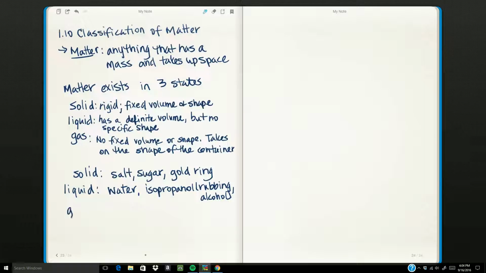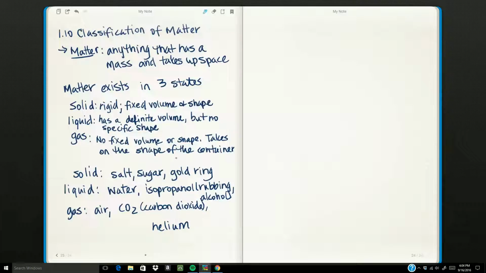Okay, and a gas, like the air, carbon dioxide, or helium. And this is just stuff that you guys are familiar with. That's why I'm using them as these examples.